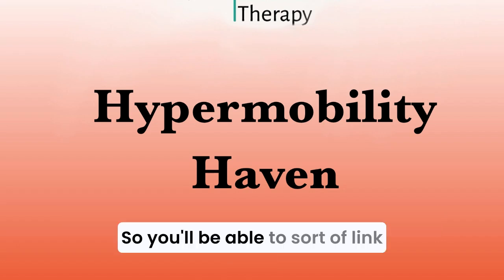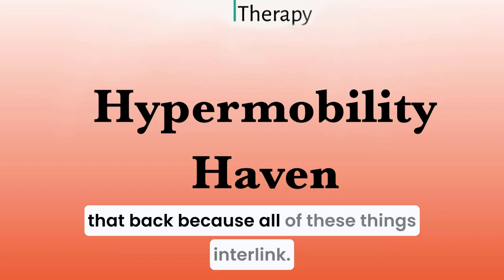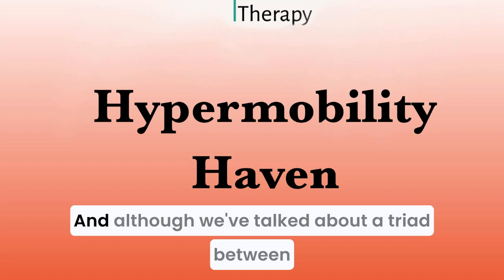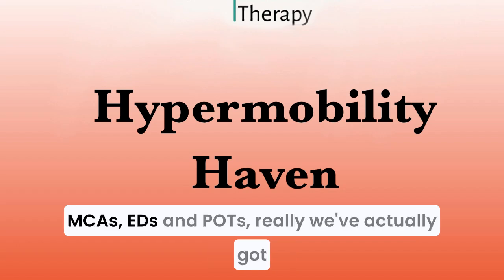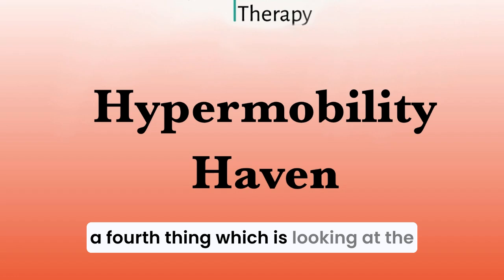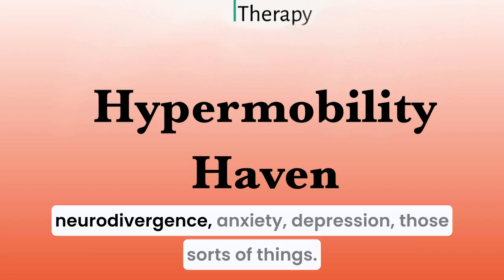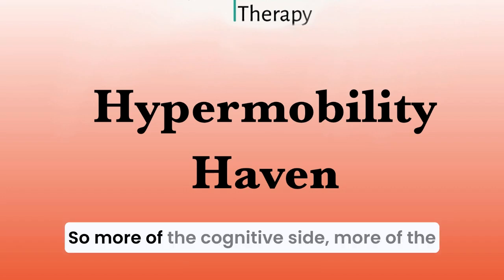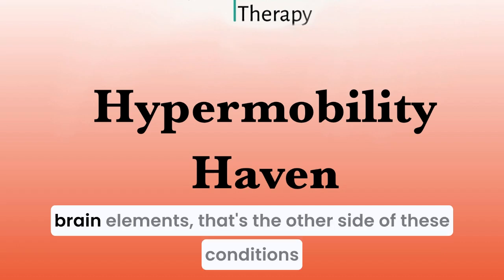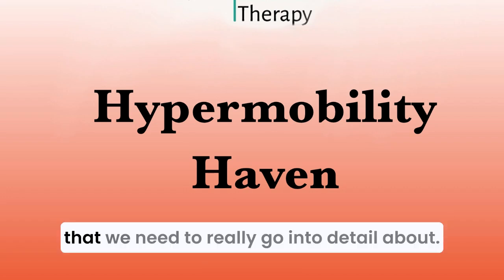Yeah, so you'll be able to link that back, because all of these things interlink. And although we've talked about a triad between MCAS, EDS and POTS, really we've actually got a fourth thing, which is looking at the neurodivergence, anxiety, depression, those sorts of things. So more of the cognitive side, more of the brain elements, that's the other side of these conditions that we need to really go into detail about.